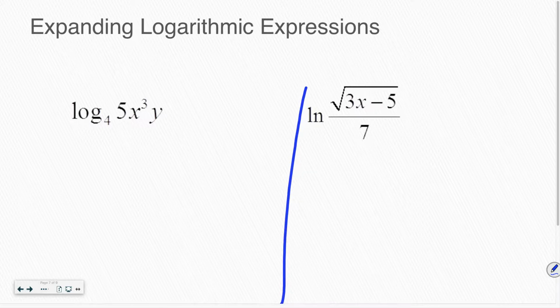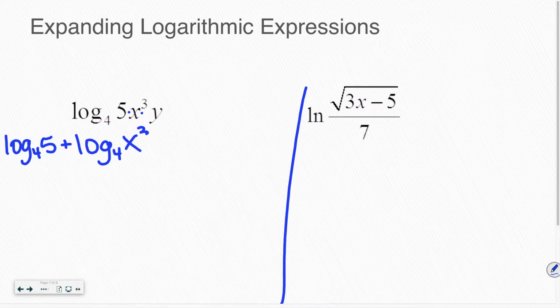So, one step at a time, what's happening with these terms inside of our logarithm? They're being multiplied. So we can write log base 4 of 5 plus log base 4 of x cubed plus log base 4 of y.